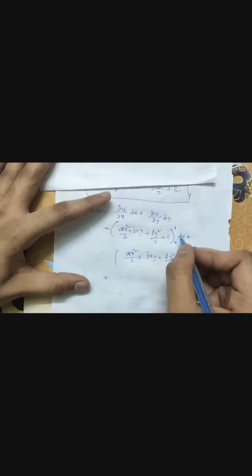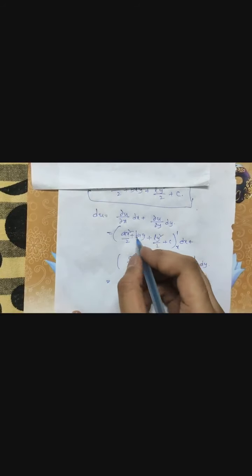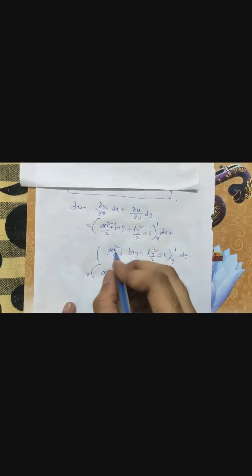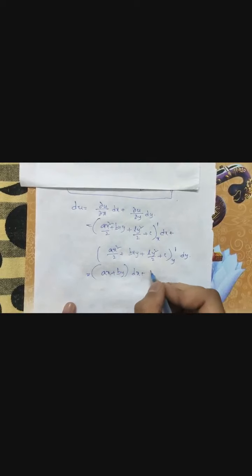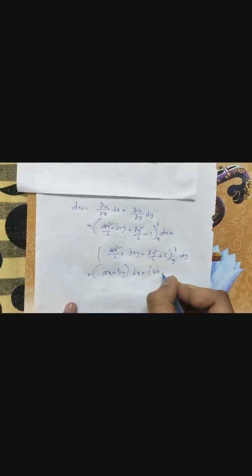The partial differentiation with respect to x of x square is 2x, and the 2 cancels, so we get ax plus by, where by acts as a constant after differentiating x, giving 1, times dx. Plus, ax square by 2 acts as a constant and c is equal to 0, and for bx, which acts as a constant, the partial differentiation of y is 1.